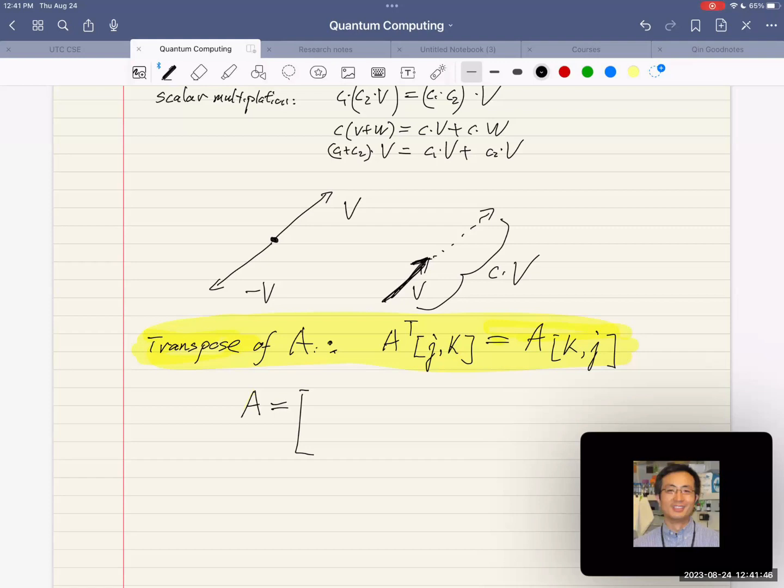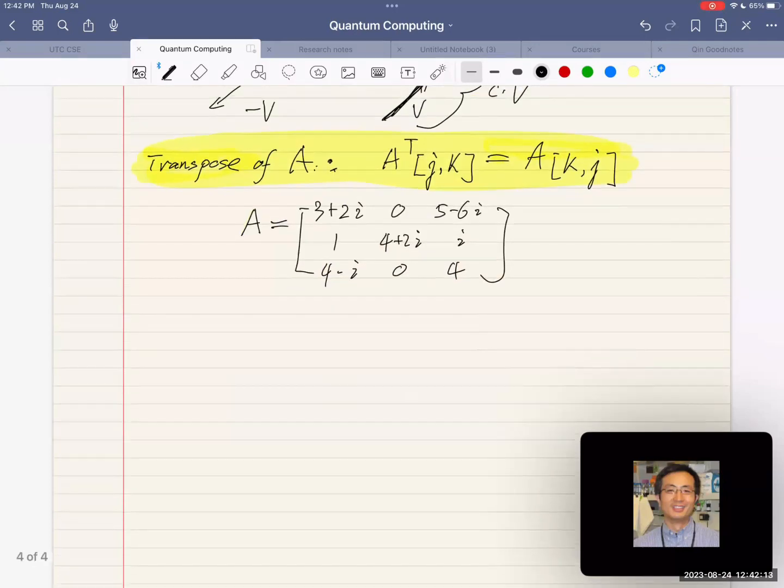So that's A: 3 plus 2i, 0, i minus 6i, 1, 4 plus 2i, i, 4 minus i, 0, 4. Okay, what is the transpose of A?